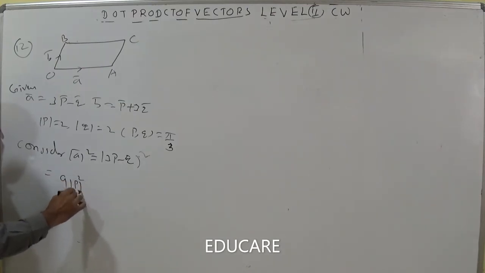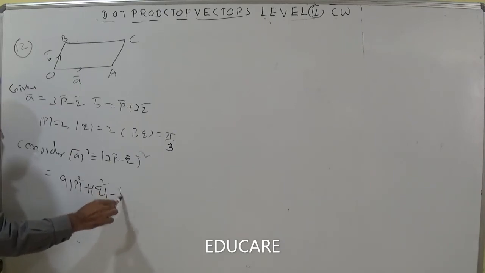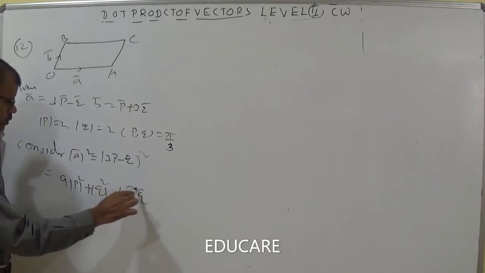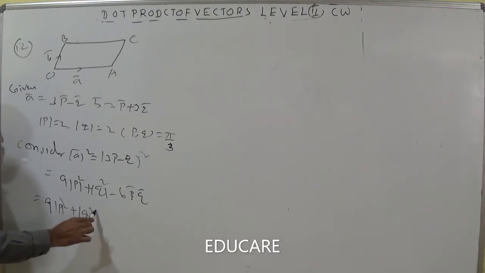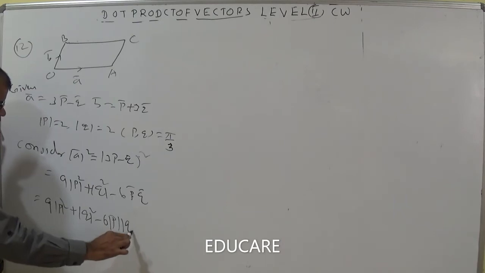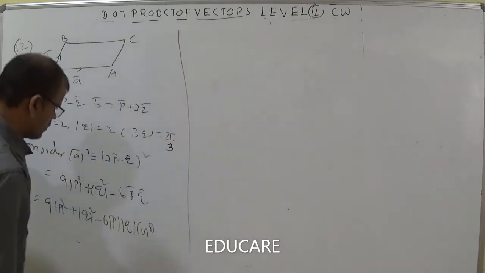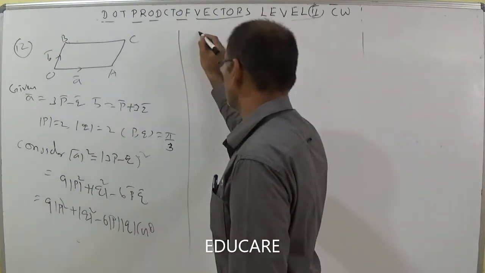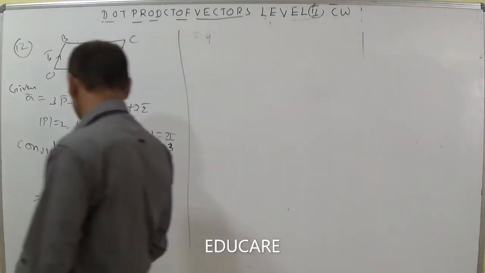Here you can write 9P square plus Q square minus 6P dot Q, that is equal to 9P square plus Q square minus 6 mod P into mod Q into cos theta, the angle between the vectors P comma Q, that is equal to 9 into, what is the value of P square?